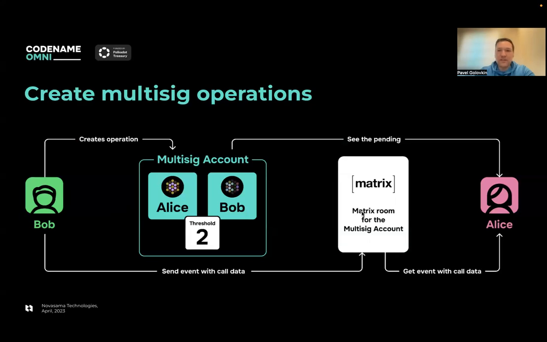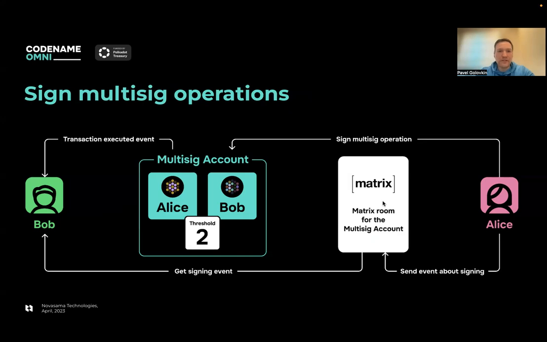And with Matrix, our signatories are able to exchange additional call data, or as we call it, off-chain data, that allows providing better UX for creating, signing, canceling, viewing and controlling the multi-sig operation.